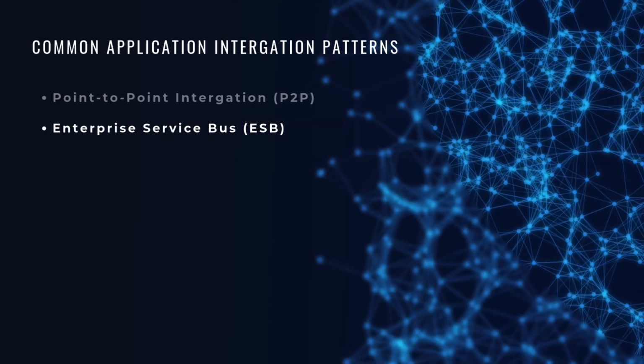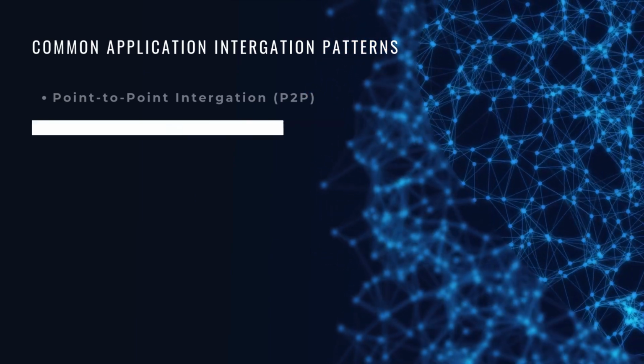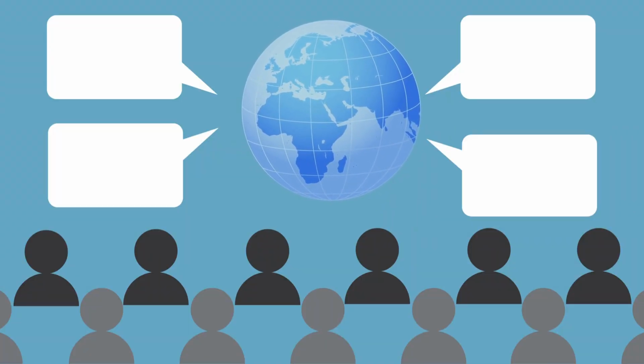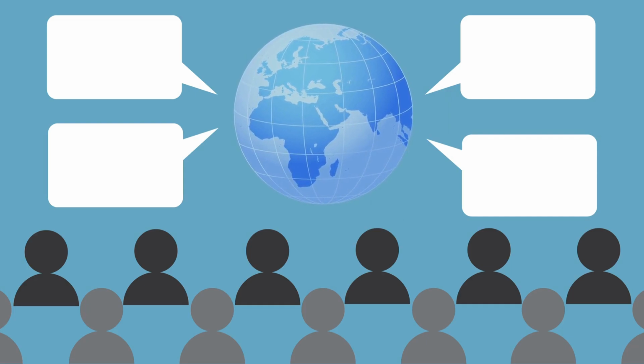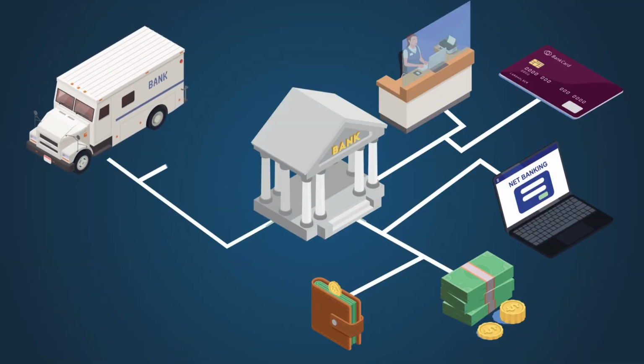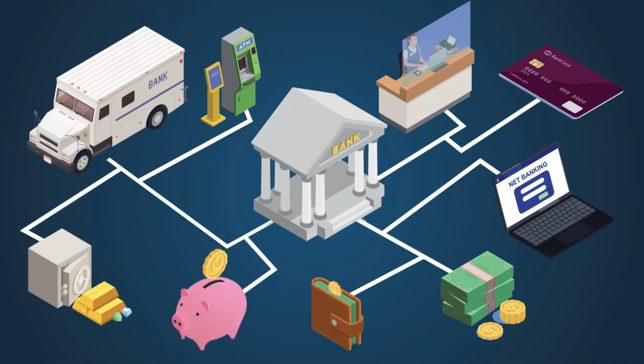Enterprise Service Bus, ESB. It's a central communication hub for multiple applications. This is specifically used for internal communication between systems. It's used for large enterprises with multiple systems. Example, a banking system integrating customer data across its departments.